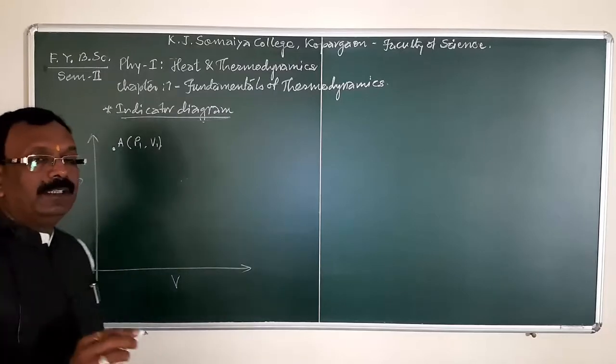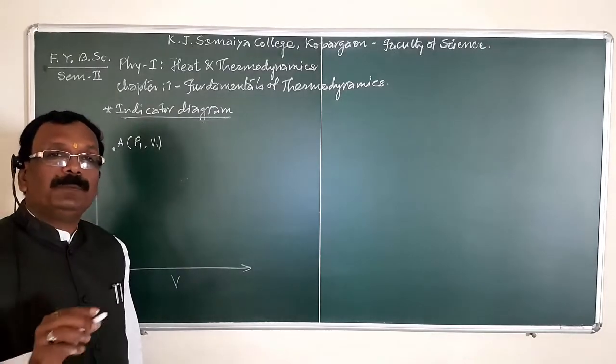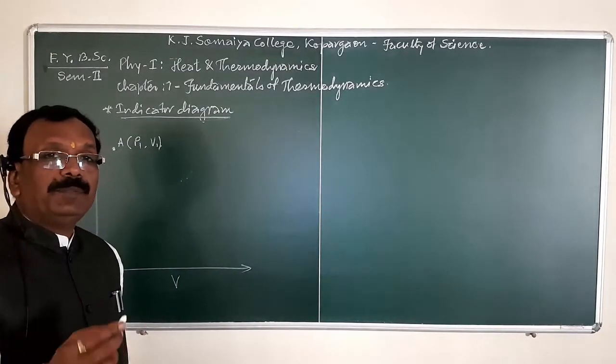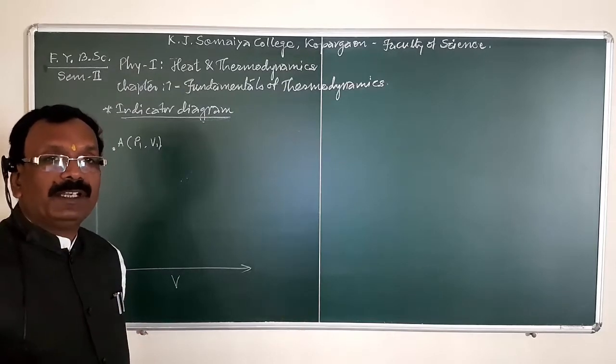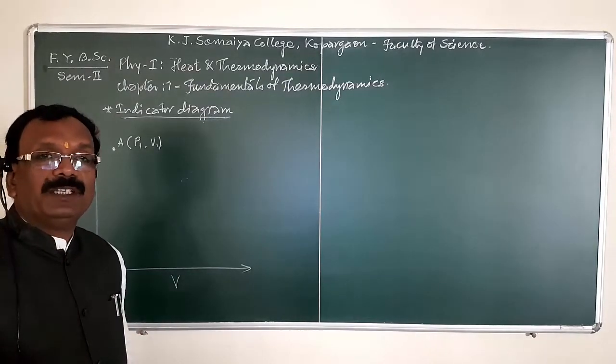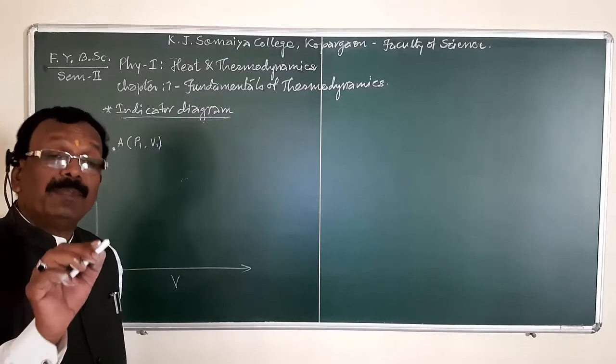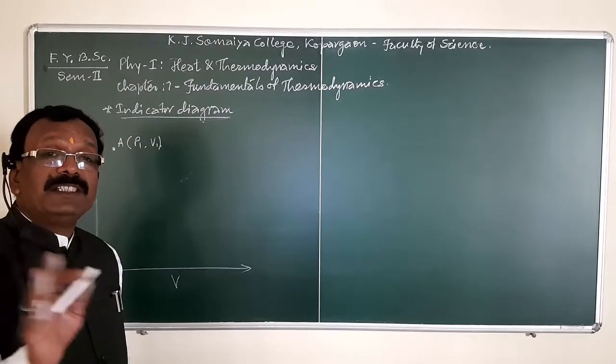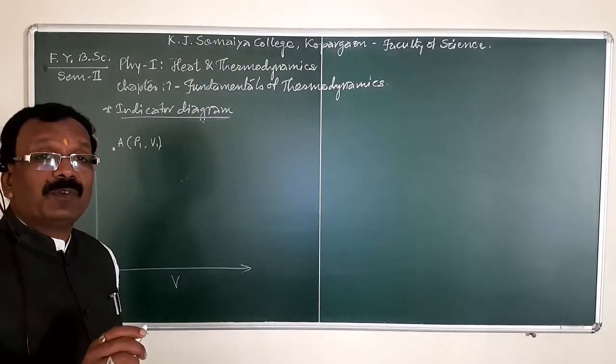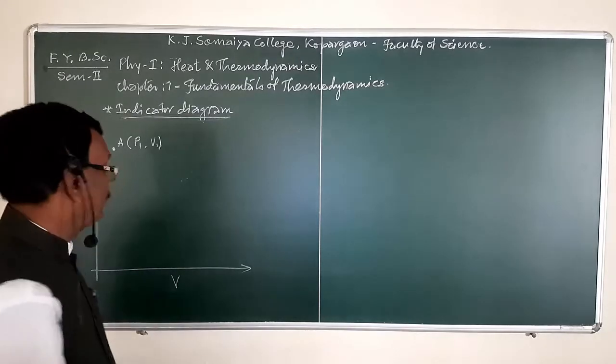Now, when we adjust the pressure on the piston so that the piston slowly moves in outward direction and expansion of the gas takes place, if the temperature of the gas remains constant throughout the process, then such type of change is called isothermal change.